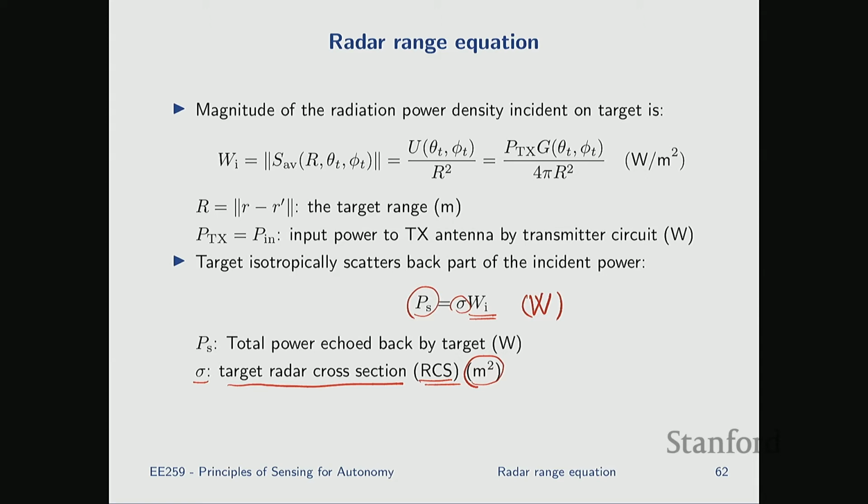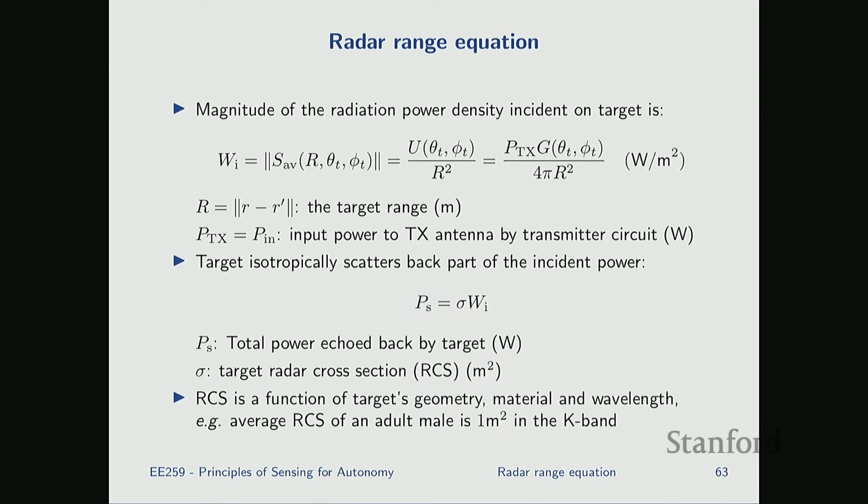It's kind of like the RF reflectivity of the target, if you will, but it has the units of area because it needs to give us the total power in watts once multiplied by the power density that's incident on the target. So for example, there are tables or curves that give you RCSs of different types of targets at different wavelengths.